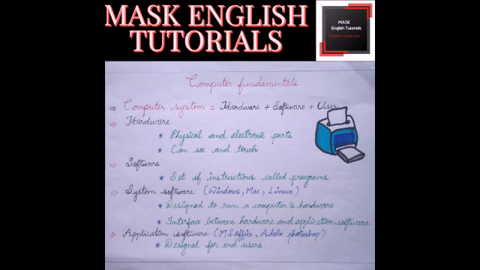System softwares include operating systems or the OS, utility software, and language processors. Examples of system softwares include Windows, Mac, Linux, antivirus software, compiler, and so on.